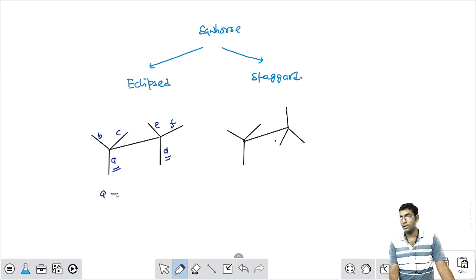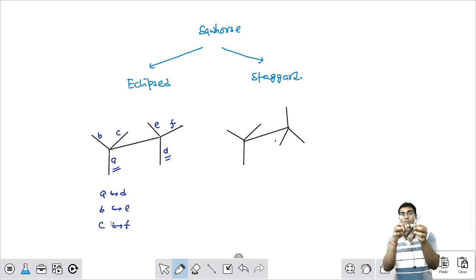B is in front of E, and C is in front of F. Fine, you can visualize it, right? If I place two Y's, then it will just cover up the back bond as well. So A is in front of D, B is in front of E, and C is in front of F.